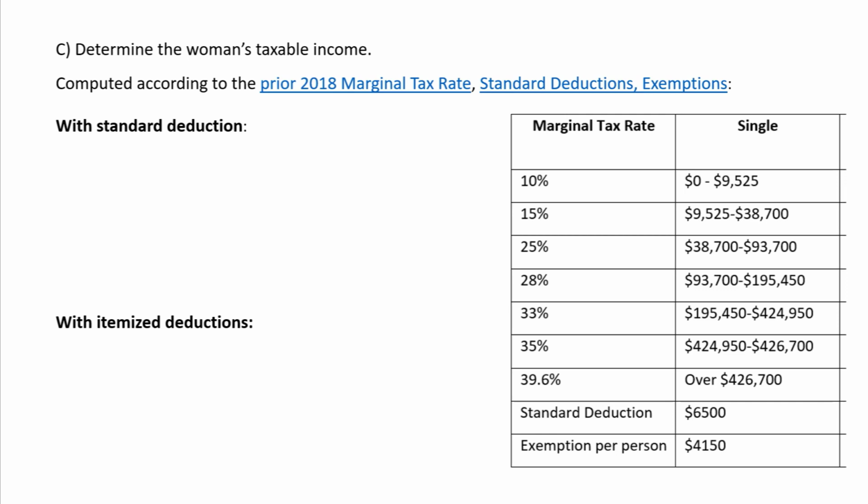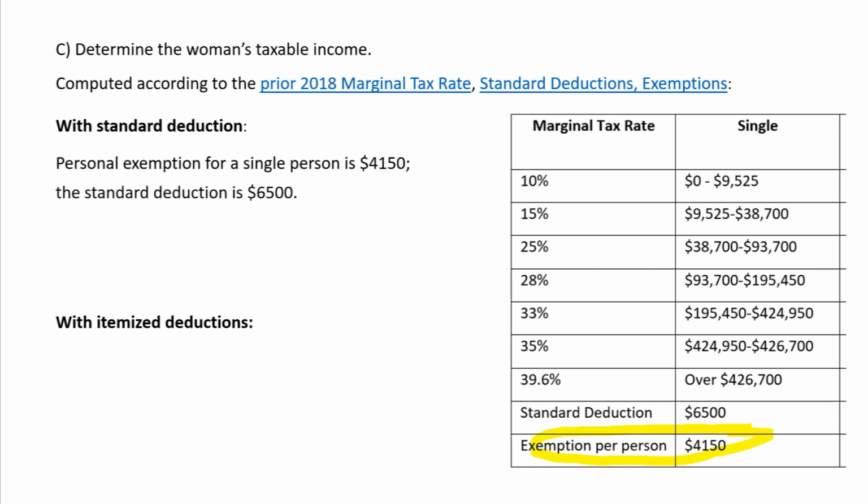Part C. Determine the woman's taxable income. Compute it according to the 2018 marginal tax rate prior to the tax cut. So let's begin with a standard deduction. The personal exemption for a single person is $4,150. The standard deduction is $6,500.